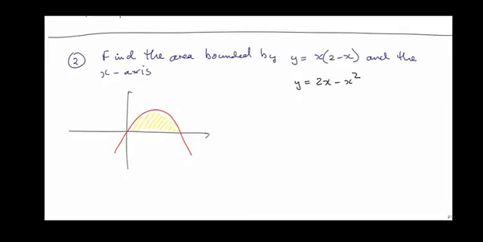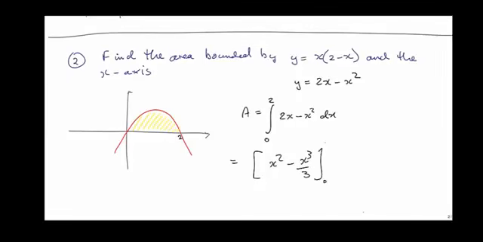is the required area. And so the area A is the integral between the origin, so x is 0, and the point where it crosses the x-axis, which is x is 2. So that is the integral of 2x minus x squared dx between 0 and 2, which is x squared minus x cubed over 3 between the limits of 0 and 2, which, substituting in 2, gives us 4 minus 8 thirds.